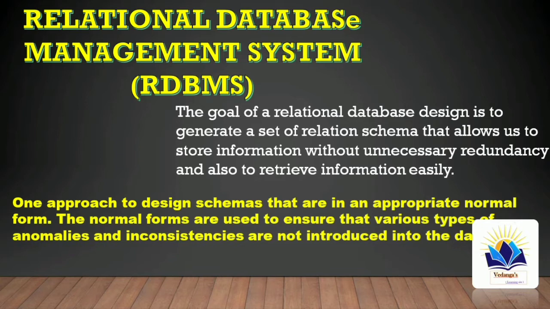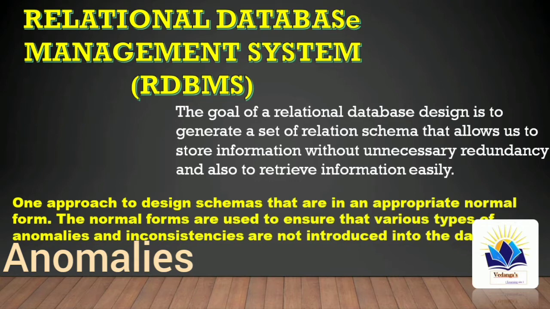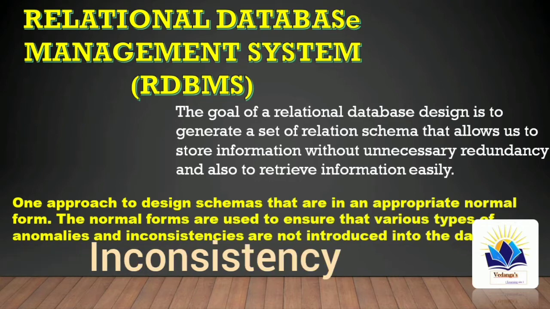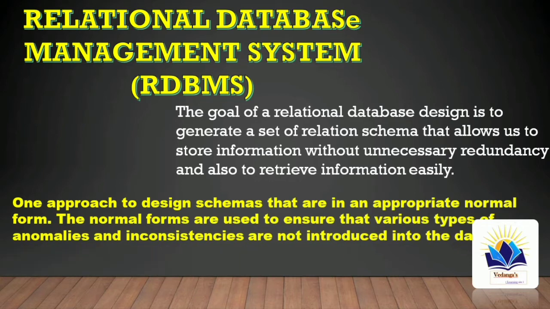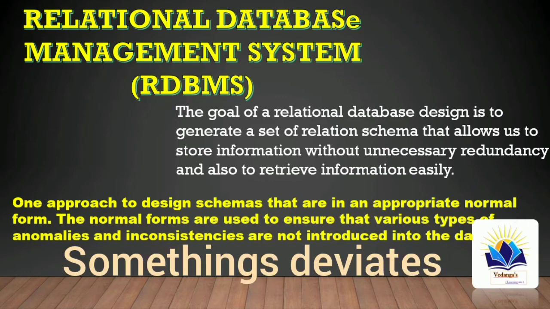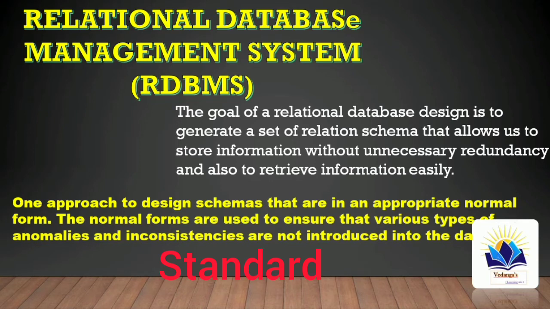The normal forms are used to ensure that various types of anomalies and inconsistencies are not introduced into the database. Anomalies means something that deviates from what is standard, normal or expected.